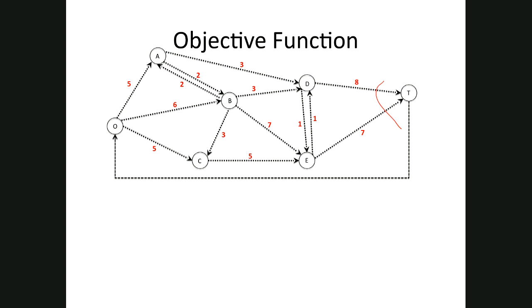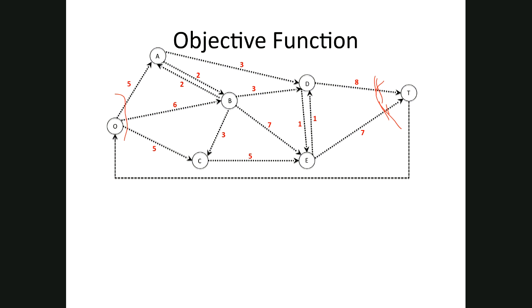In other words, if I took a bulldozer and cut these two pipes, then I've completely separated the origin from the destination, and I know that no more than 15 units can flow across that cut.